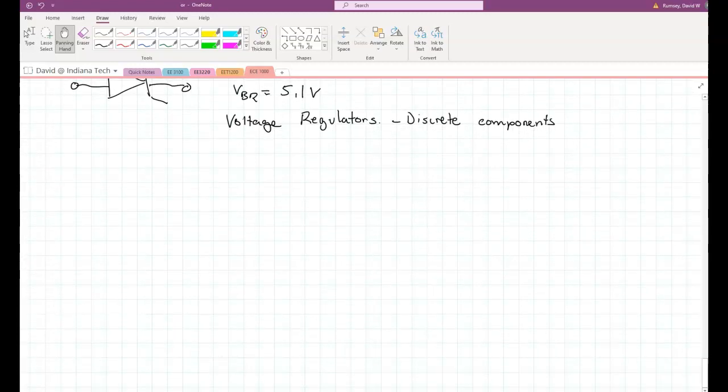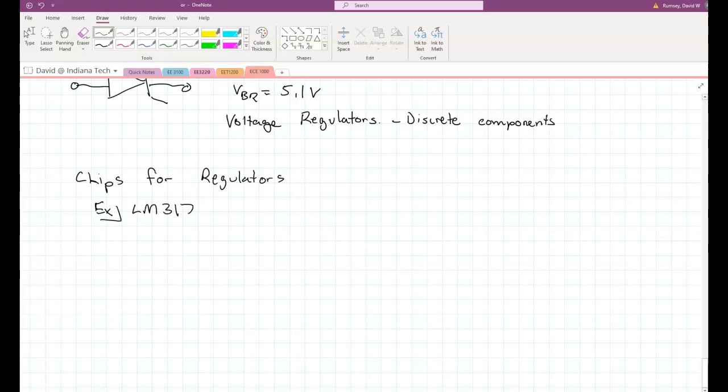The other option is that you can get chips for regulators.